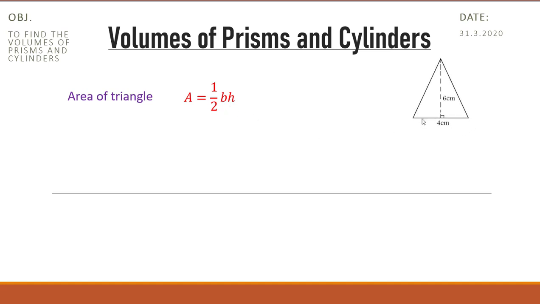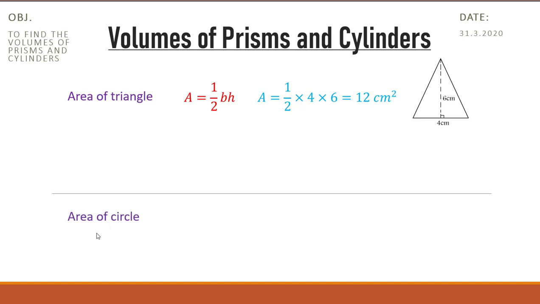If we have a triangle like this one, the base length is 4 centimeter and the height is 6. So just use the rule. So the area equal half multiplied by 4 multiplied by the height 6. So the area is 12 centimeter square.